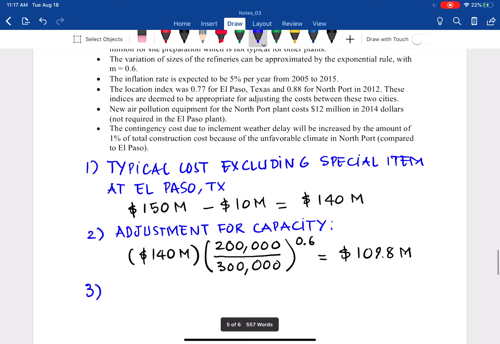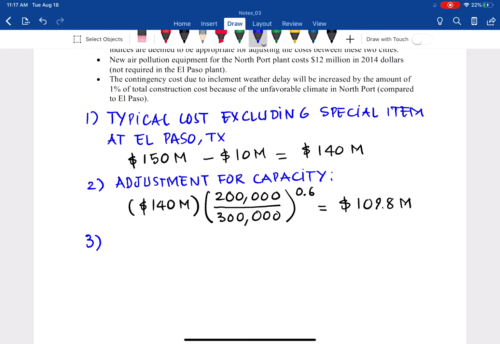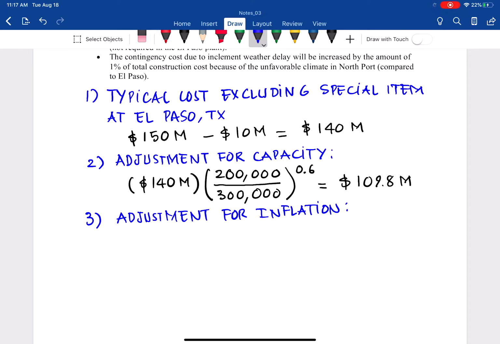The third step, we need to adjust for inflation, and that leads to the cost in 2014 dollars.